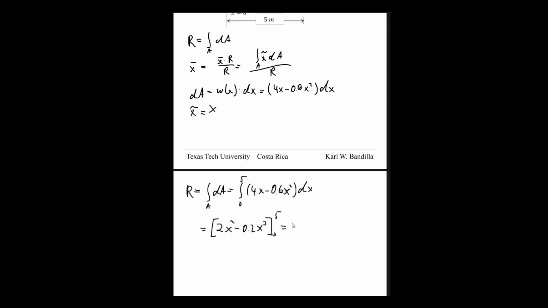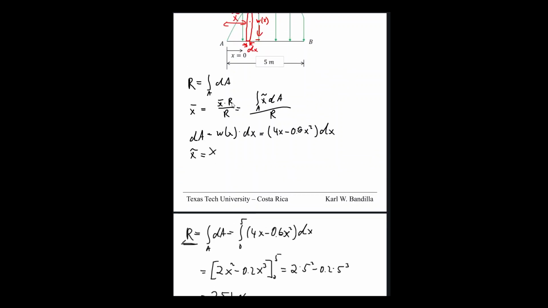So that would be 2 times 5 squared minus 0.2 times 5 to the third. And that comes out to be 25 kilonewton. So that's our concentrated force.